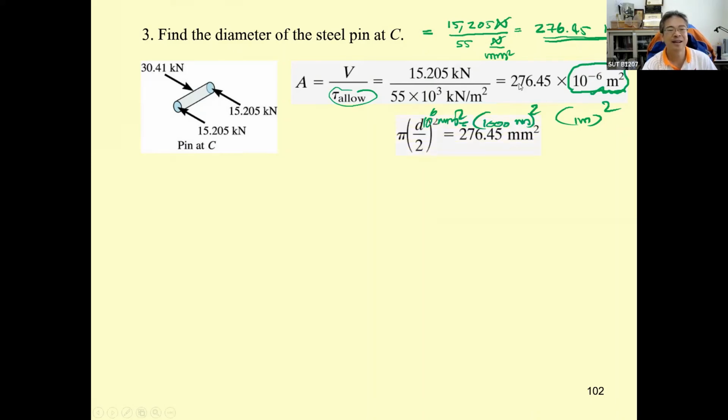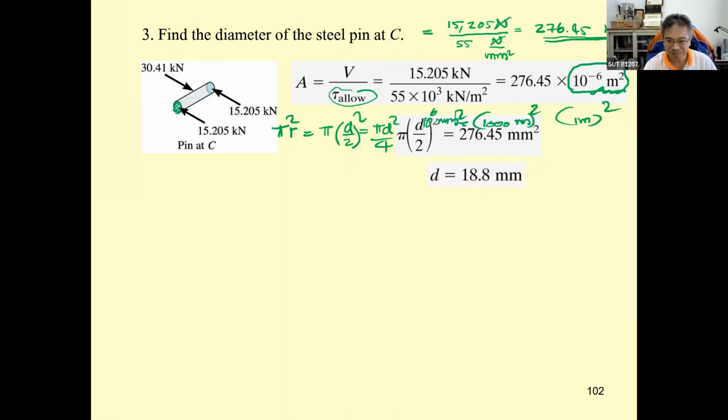And then since this rod is circular, it's going to be pi r square, or pi r square is going to be pi d over 2 square, or it's going to be pi d square over 4. And then you may compute the diameter of it.